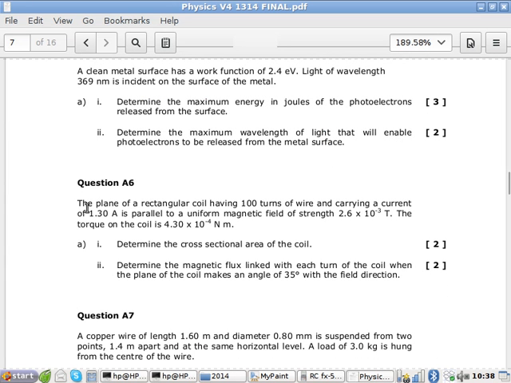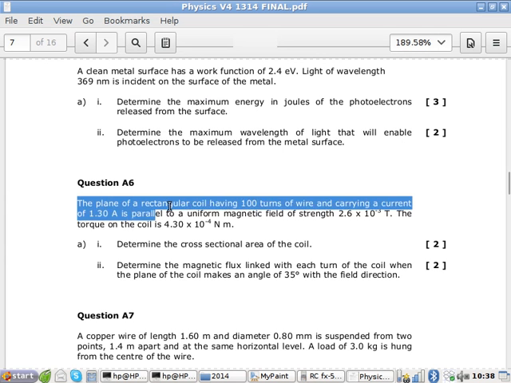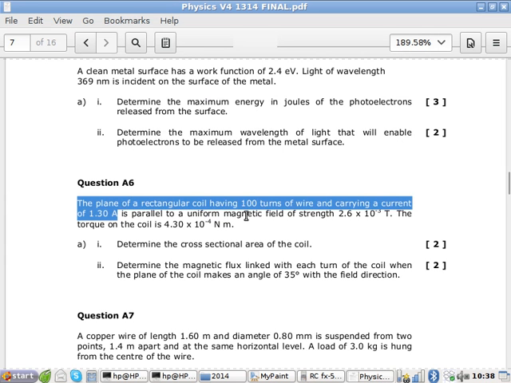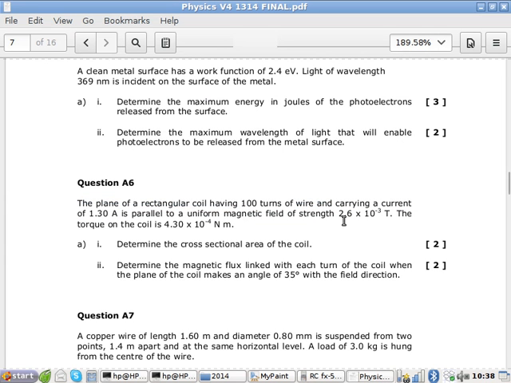Okay, so the question here is, which formula is this one? You think you know? The torque one. Yeah, which is what? Something to do with a bank. IBAN. Yeah, IBAN. So using the IBAN formula, give me the area, please.